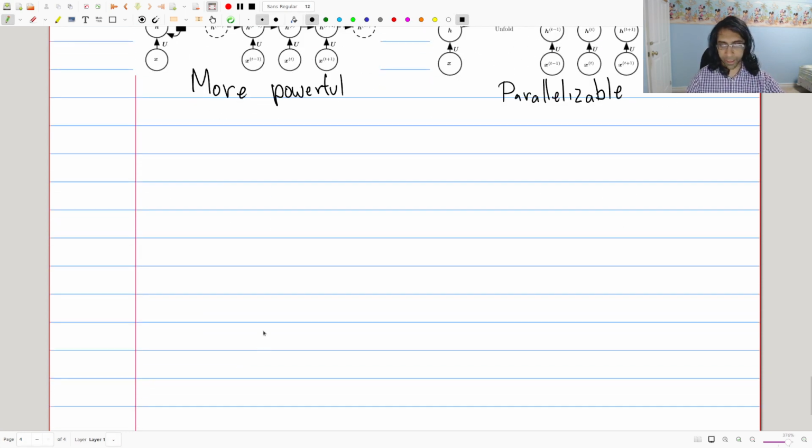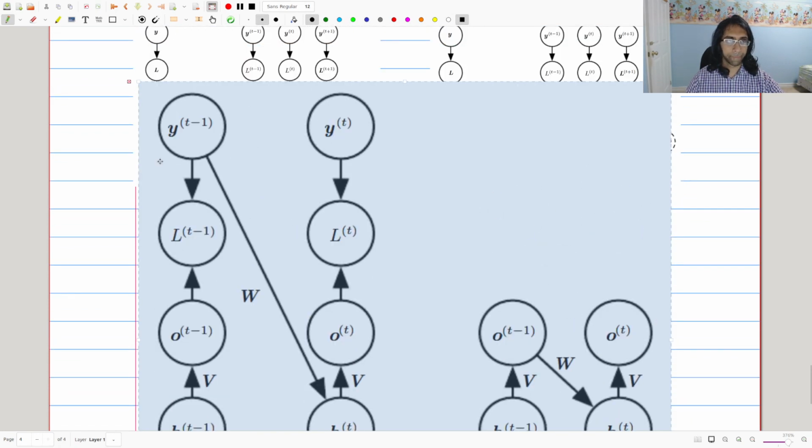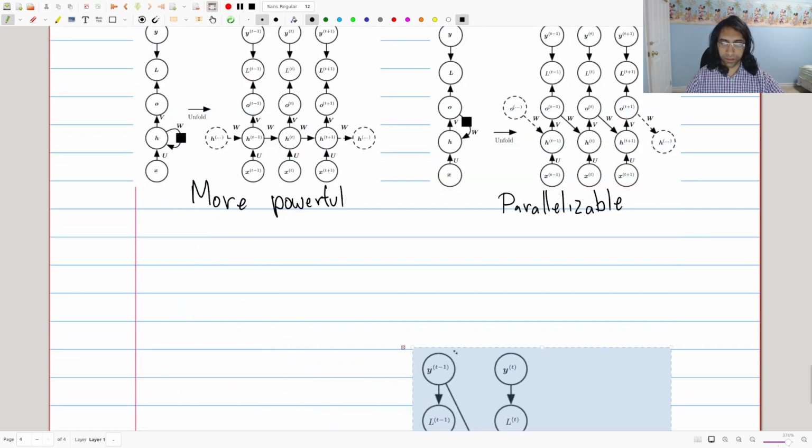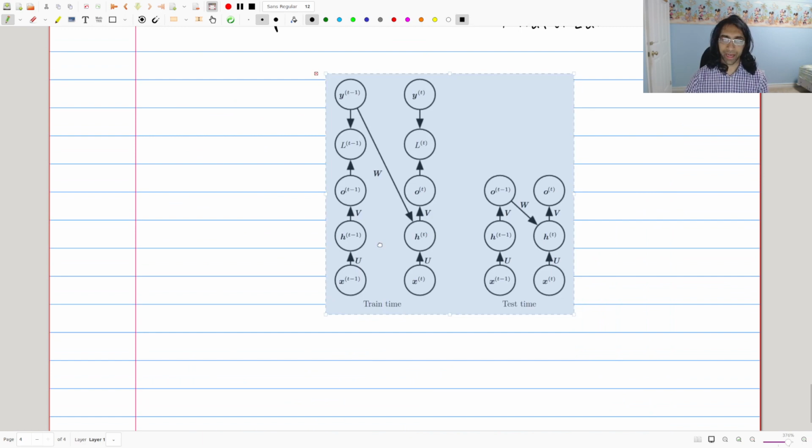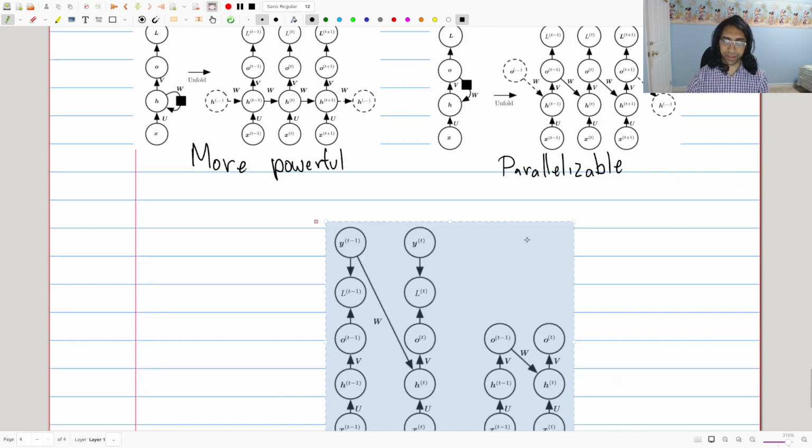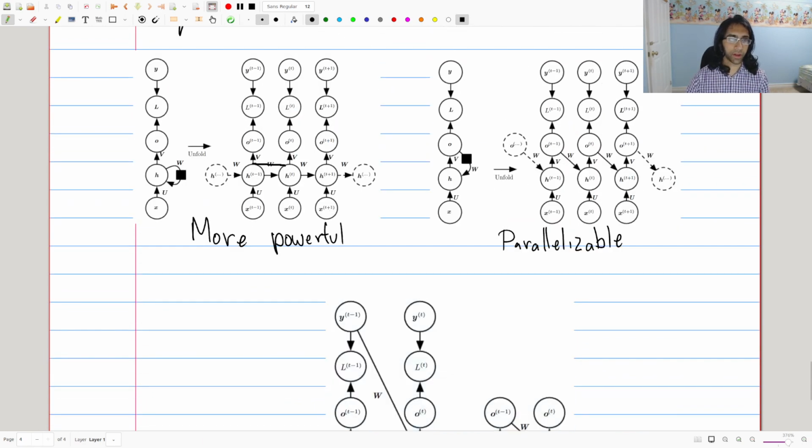So let me bring in yet another diagram, which is here. So you can see, actually, this is how we are going to use the one on the left, or the one on the right. So let me move some of this around.